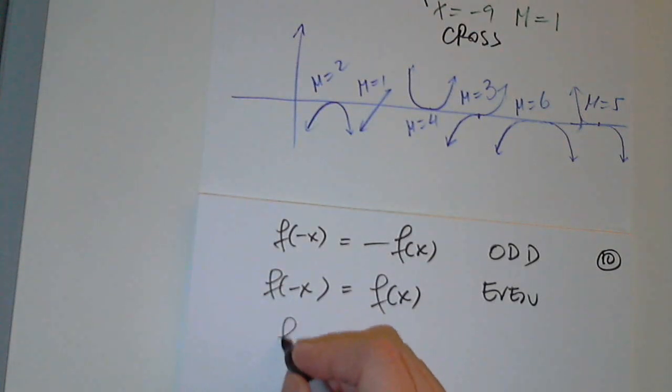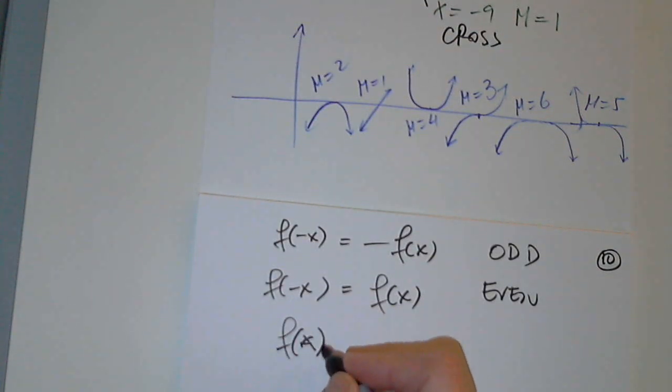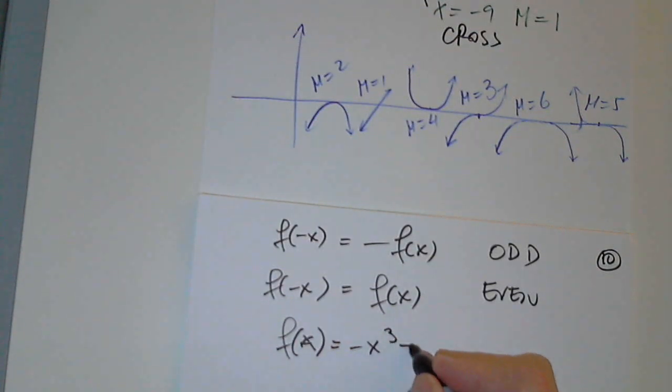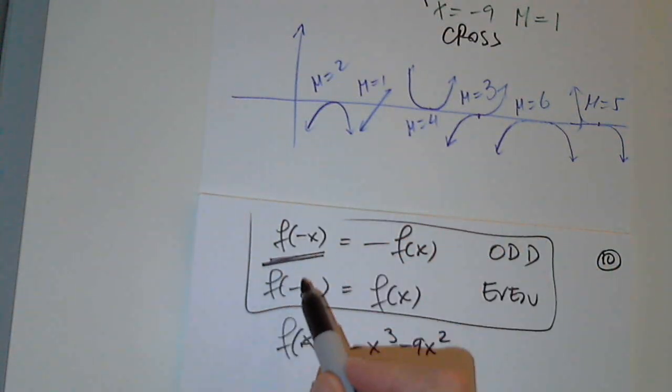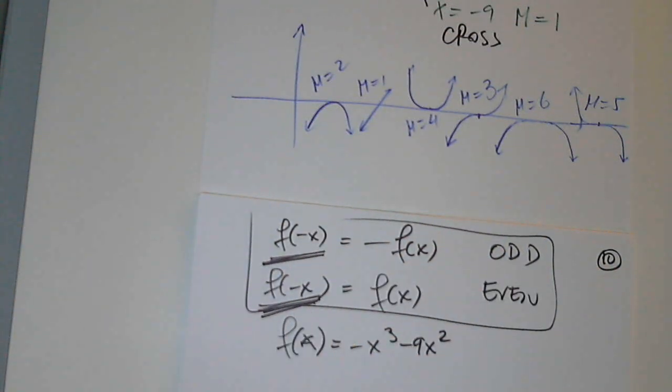So in our problem, we have f of x equals -x cubed minus 9x squared. Every time we try to determine whether a function is odd or even, we always determine this. This is our starting point. We determine f of negative x. If it happens to be the opposite of f of x, then it's odd. If it happens to be identical with f of x, then it will be even.